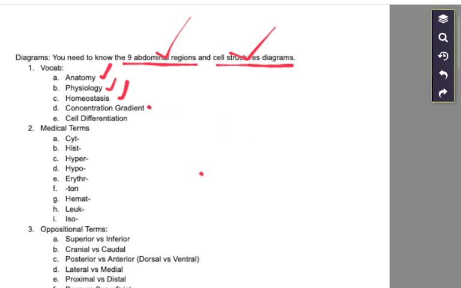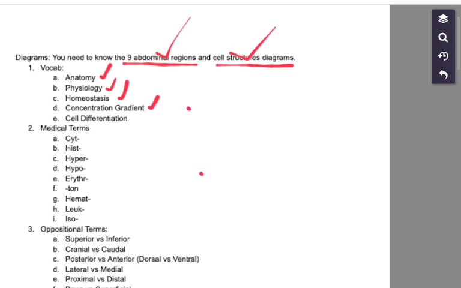And for concentration gradients, we also want to understand simple diffusion, which is the movement of solutes from areas of high concentration to areas of low concentration, whereas osmosis is the movement of water from areas of low solute concentration to areas of high solute concentration.